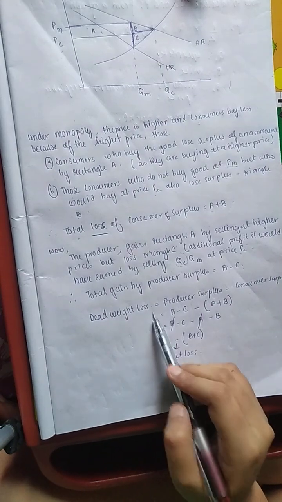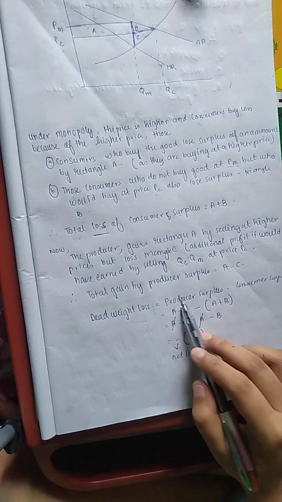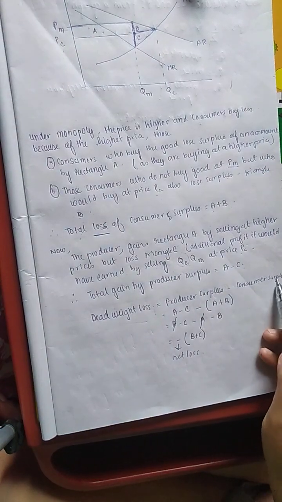Then what is the meaning of deadweight loss? Deadweight loss is the difference between the gain in producer surplus and the loss of consumer surplus.